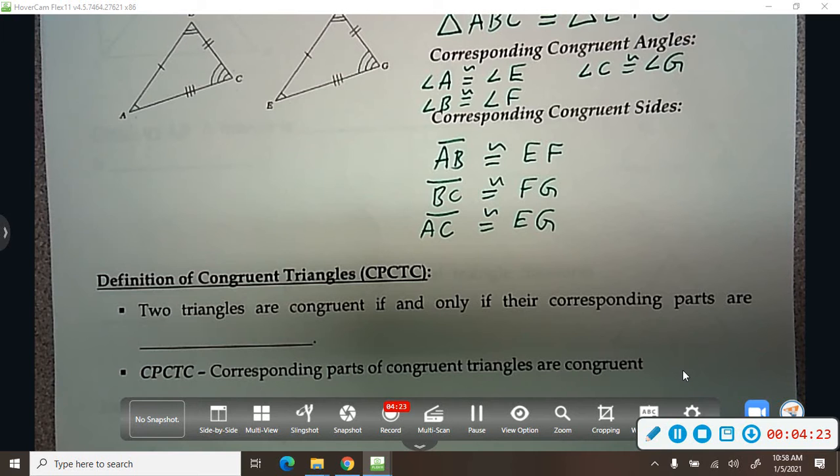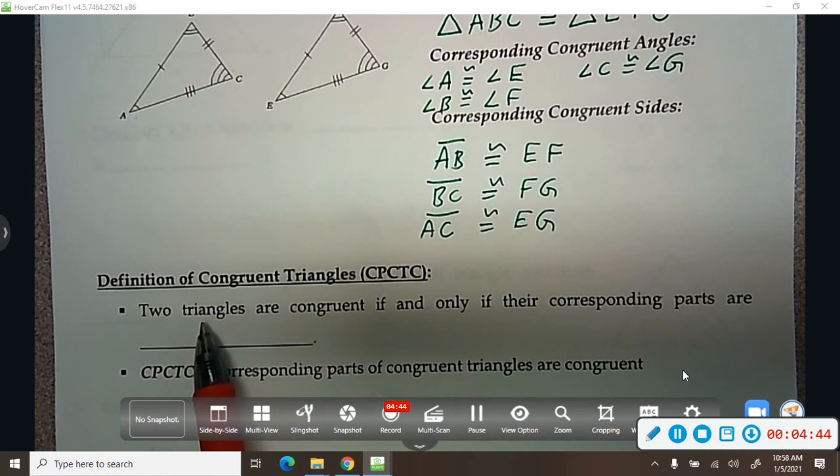So now we're going to talk about the definition of congruent triangles. And some people call that the CPCTC. The CPCTC just means that corresponding parts of congruent triangles are congruent.